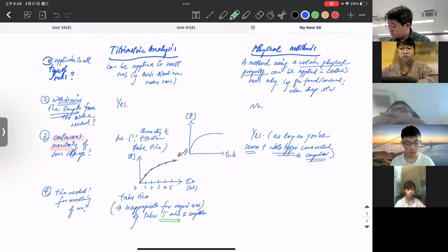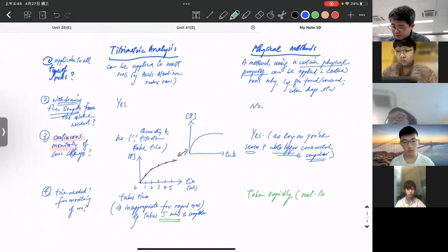Why? It can be taken rapidly because you are going to have a real-time measurement most of the time. But because of the fact that I say it's a continuous measurement on number 3, you know that it's less time consuming.